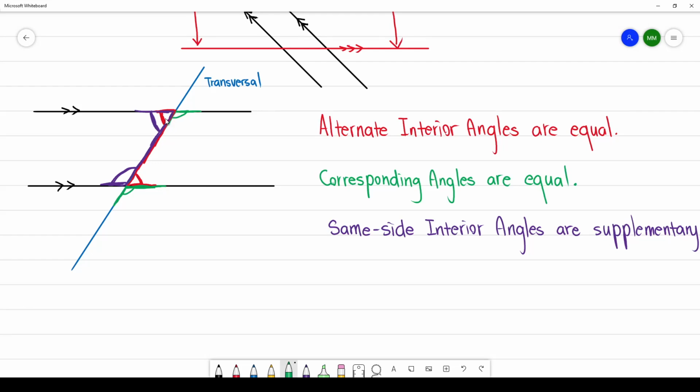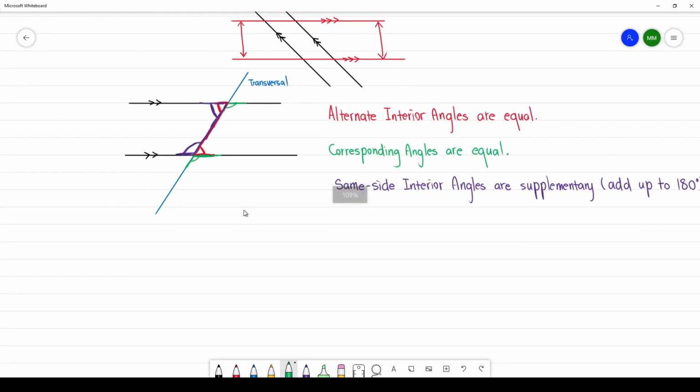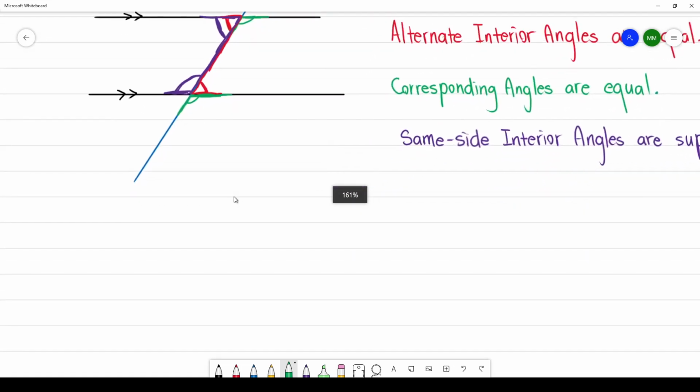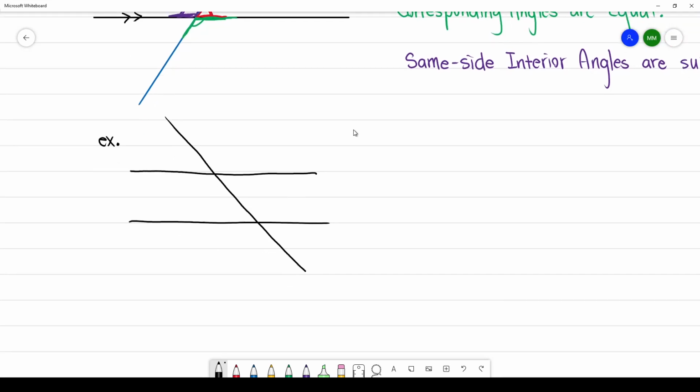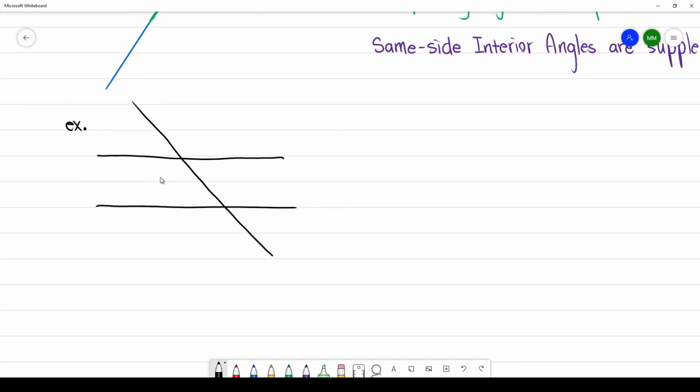Okay. So that's all the concepts I'm going to go over for today, and then maybe just some examples. So just assume that these two lines are parallel, okay? So I'm going to call this A, B, C, D, E, F, G, H. So tell me, which angles are alternate interior angles?